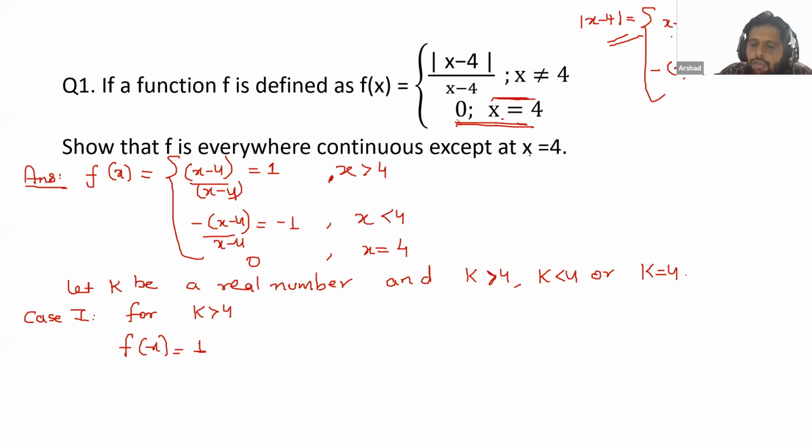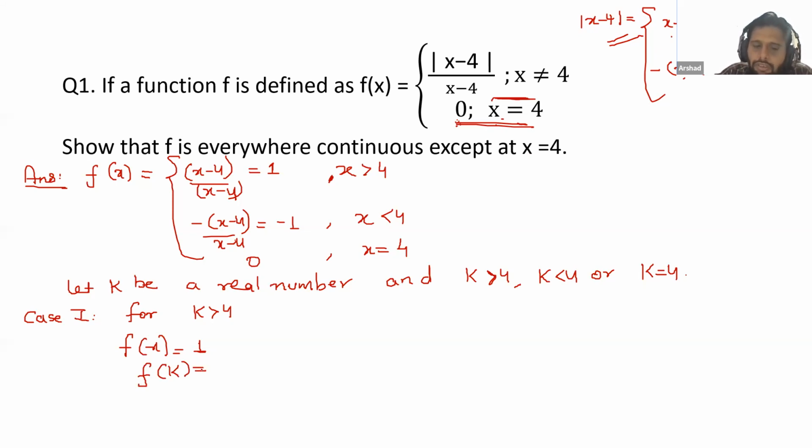Okay, Darshan. Now we have assumed a number k. Let k be a real number and k is greater than 4, k is less than 4, or k is equal to 4. Now, for k greater than 4, f(x) is equal to 1. If we put k here, then who can tell me this?